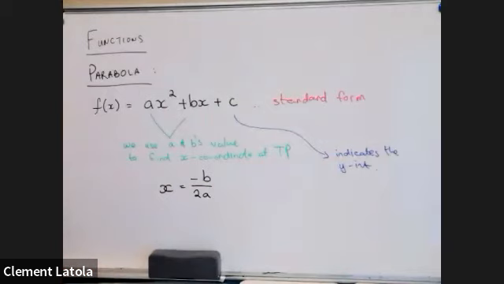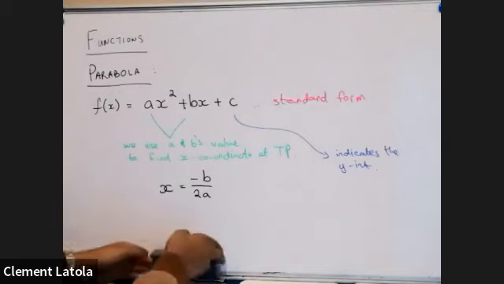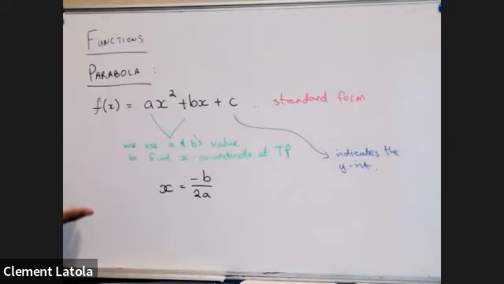I'm just going to stop here for a moment and do an example where the parabola is given in the standard form before we go further with parabolas. So now that you've got this, I'm just going to erase it, then we continue.